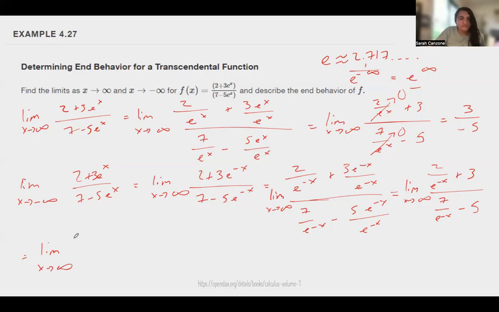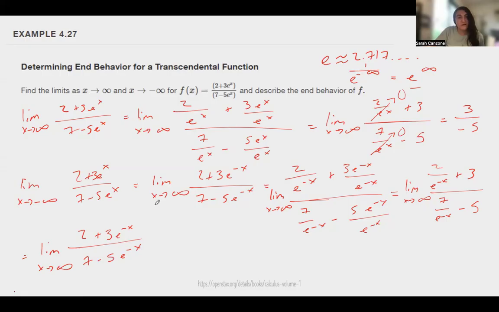So this can be 2 plus 3e to the negative x over 7 minus 5e to the negative x. And again, I just did that by multiplying everything by e to the negative x.